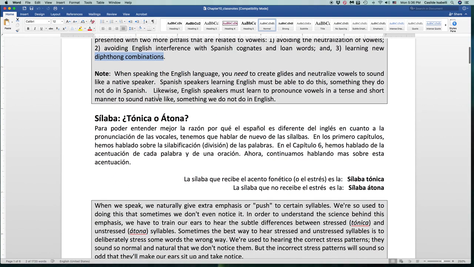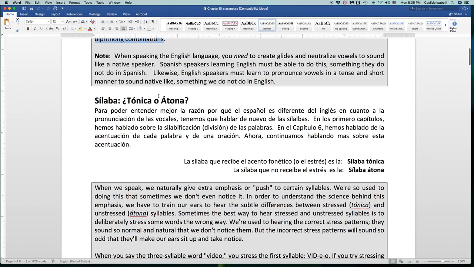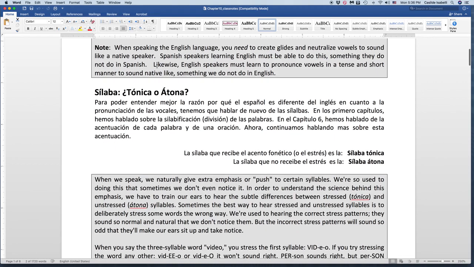And I'm going to repeat here again, when speaking the English language, we need to create glides and diphthongs. We need to neutralize our vowels to sound like a native speaker. What does it mean to neutralize our vowel? It's saying we don't say doctor, we say doctor.